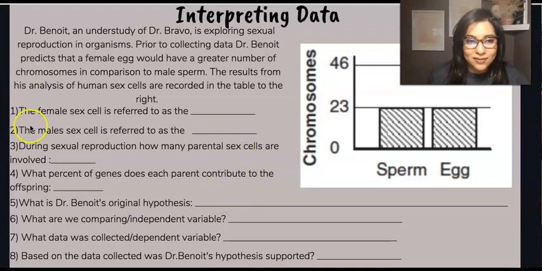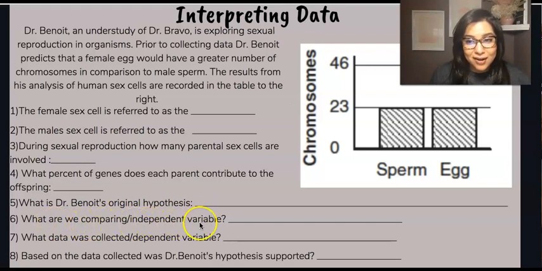So question 1. The female sex cell is referred to as the blank. The male sex cell is referred to as the blank. During sexual reproduction, how many parental sex cells are involved? What percent of genes does each parent contribute to the offspring? What is Dr. Benoit's original hypothesis? What are we comparing?